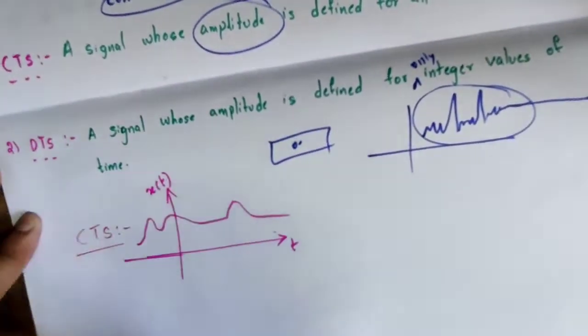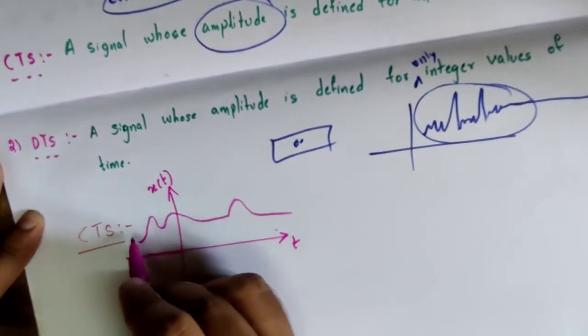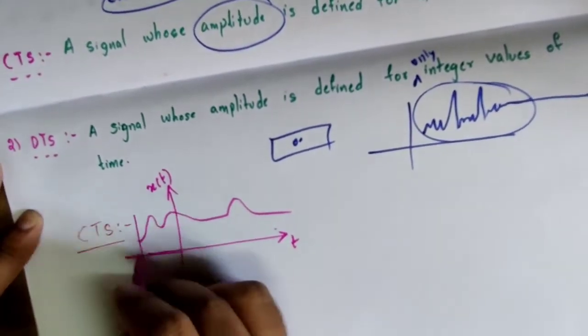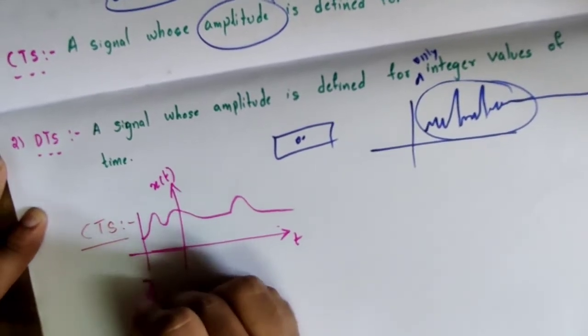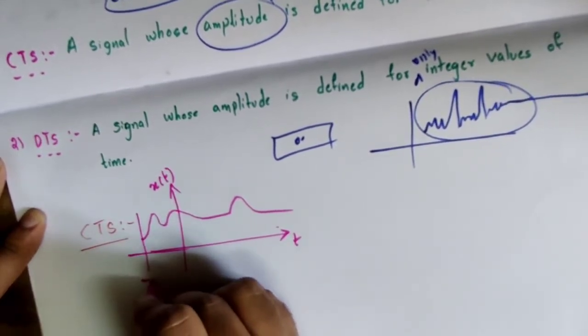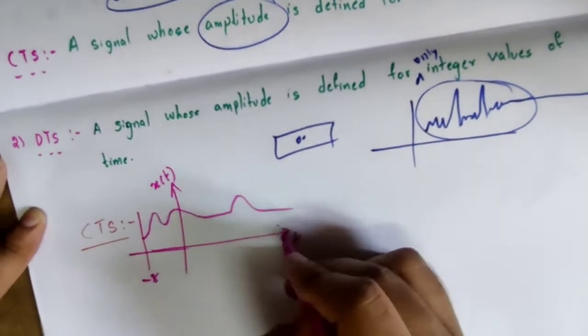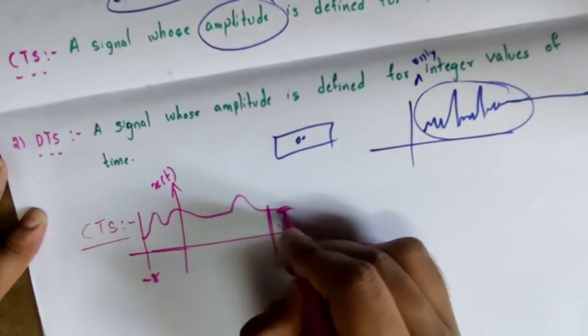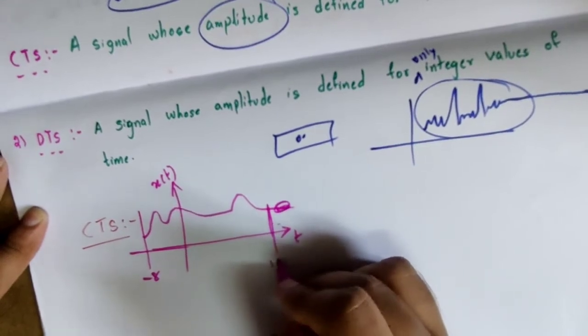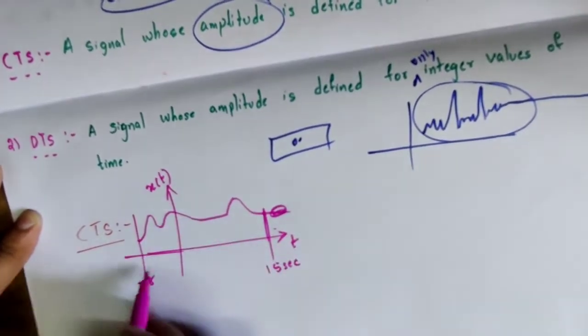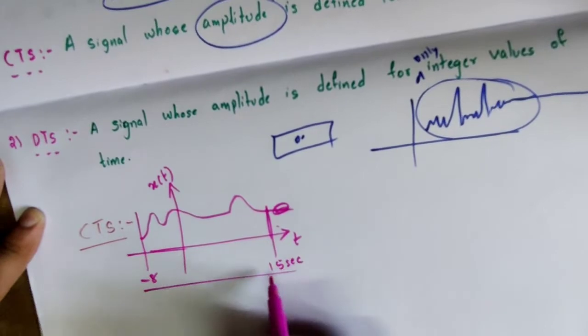This is the time axis. Let us give some time values for this. Let us consider this as minus 8 seconds, and let us consider this as plus 15 seconds. Your signal is being defined between minus 8 to 15 seconds.